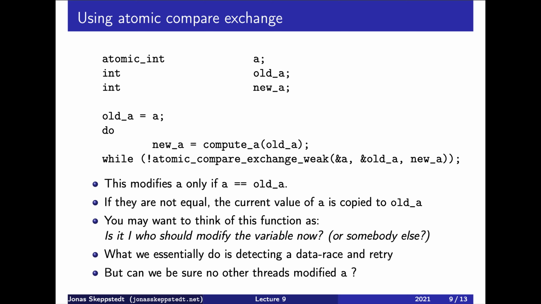Okay, so how can we know that no one else had modified this? Now you should take a break and think. Actually, well, it depends on the situation. If the int can only be incremented as a modification, then we can know that no one has modified it.